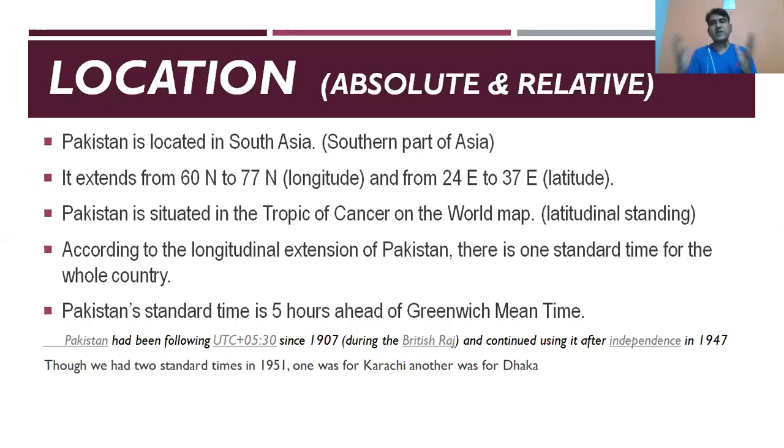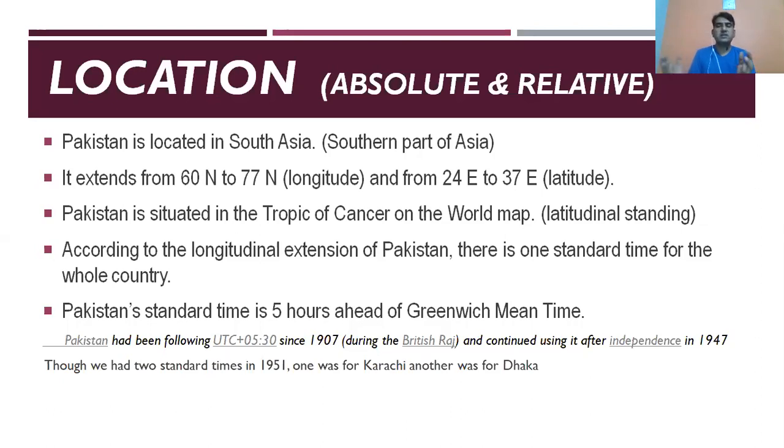So we had two parts: West Pakistan and East Pakistan. East Pakistan is now Bangladesh, far away from Pakistan. For the time being we utilized these two timings, but afterwards we came back to one standard time.